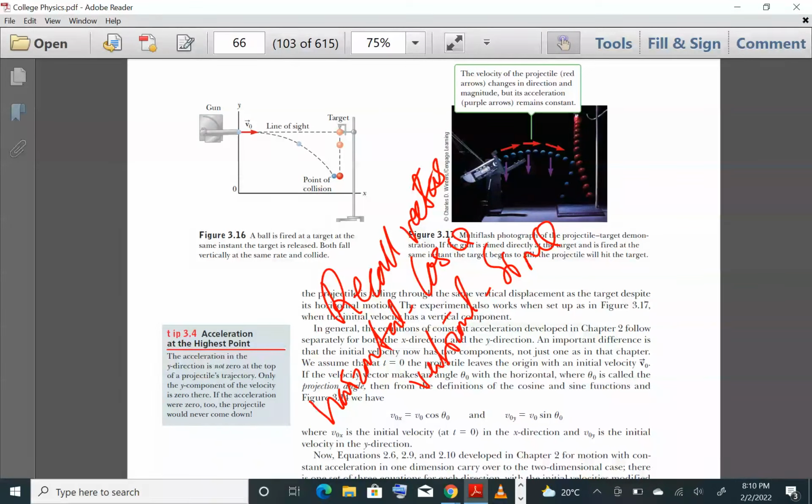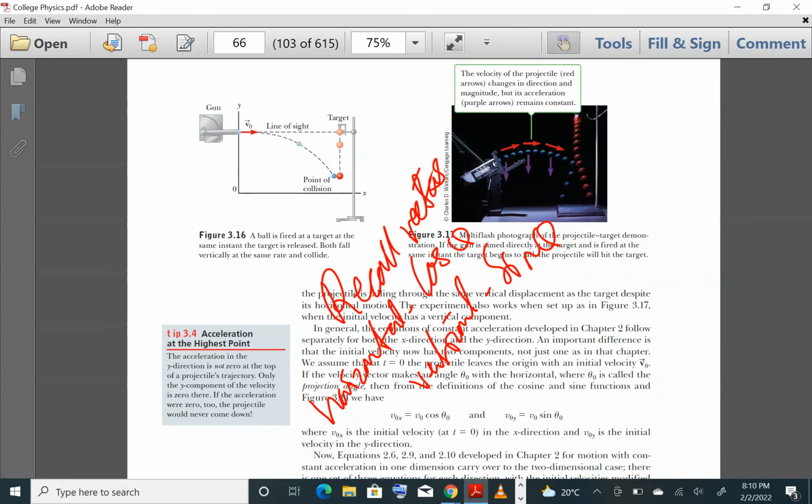Now, acceleration in the y direction is not zero at the top of the projectile's trajectory. The key thing is, when something is thrown up, acceleration due to gravity is there, and that's what is going to cause the object to start falling down.